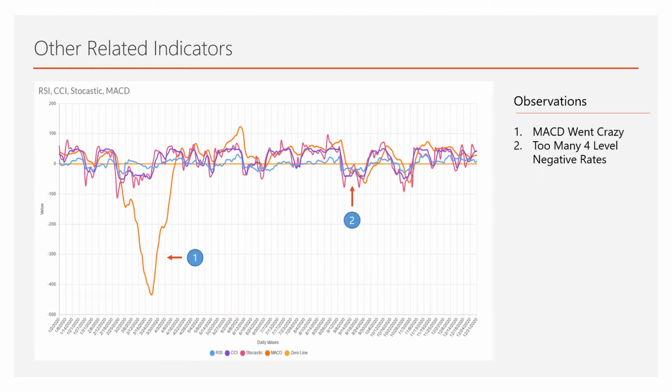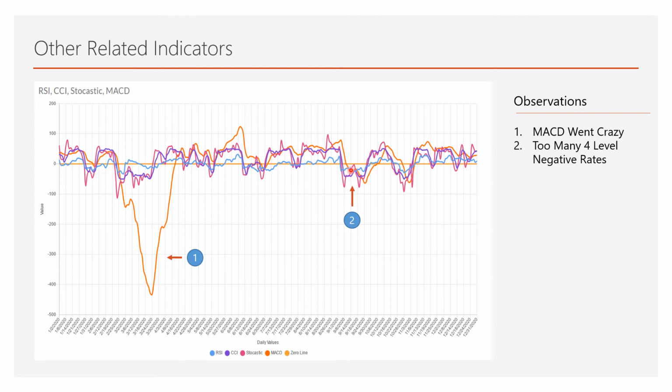From the pure indicators, remember that our indicators are modified, but these are the pure indicators that we like to look at as well. Clearly the MACD went crazy. Here we can see these trouble spots, what we call the 4-level negatives, way too many times.